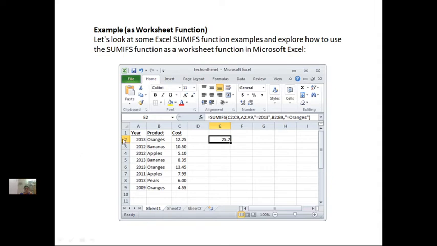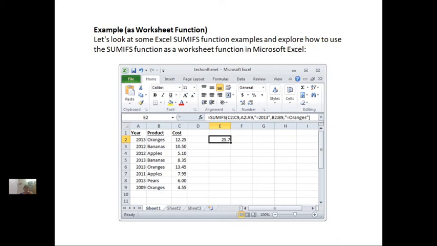Now let us see here. Year 2013 oranges is 12.5. Again 2000, it is banana, no. 2013 oranges is 13.45. Again here nothing, no matching. So we add 12.5 plus 13.45. What is the output? 25.7.